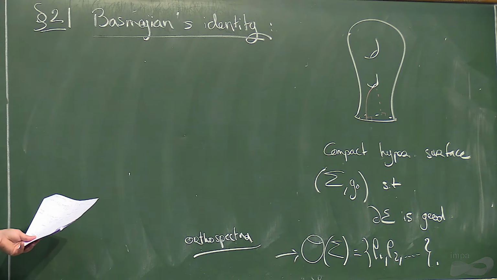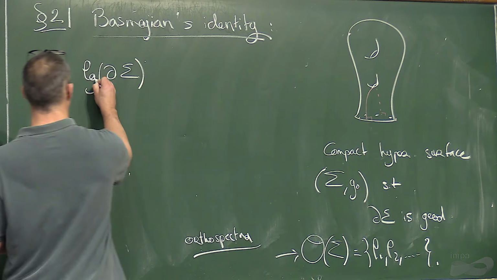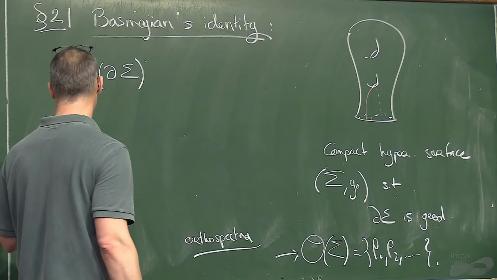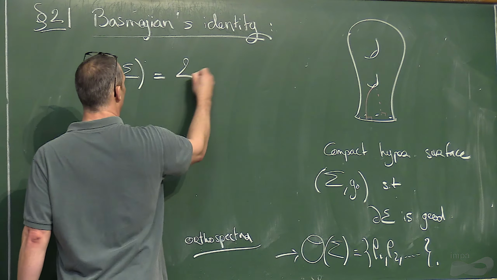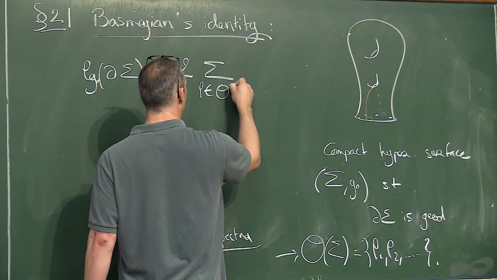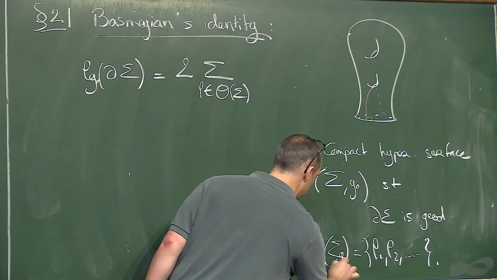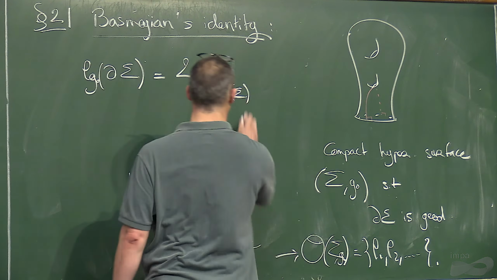Okay, and then you can fully describe the length of the boundary of your surface for the hyperbolic metric, and you have that this is equal to a function which is the following. You take a factor 2 times the sum over the orthogeodesics, maybe here I have to put \Sigma_{g,\cdot} to be correct, of some function which is the log of the hyperbolic cotangent of l over 2.